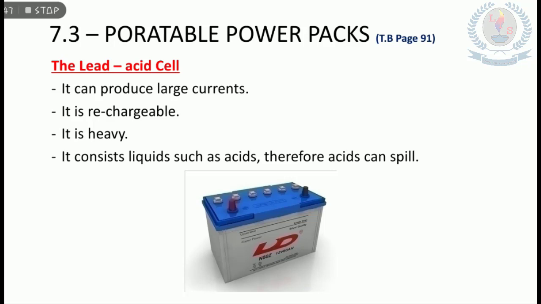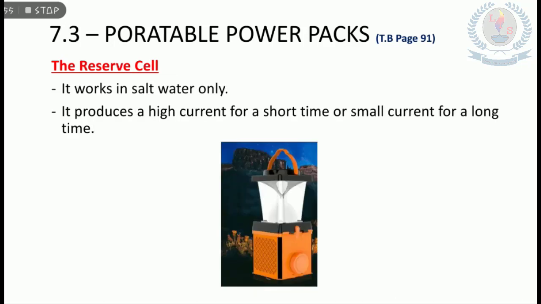It is rechargeable, heavy, and it consists liquids such as acids. The reserve cell. The reserve cell works when salt water is added only, and it produces high current for a short time or small current for a long time.